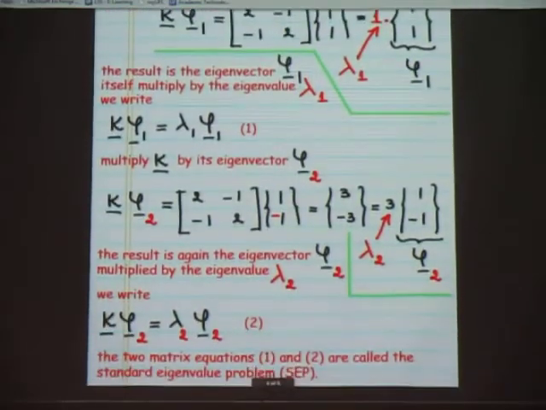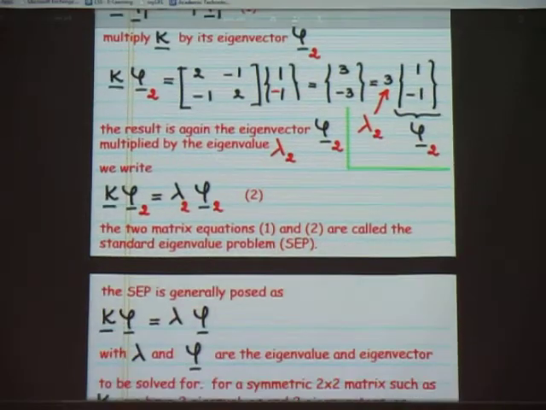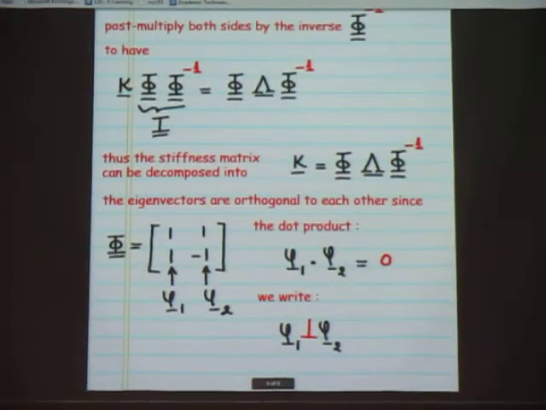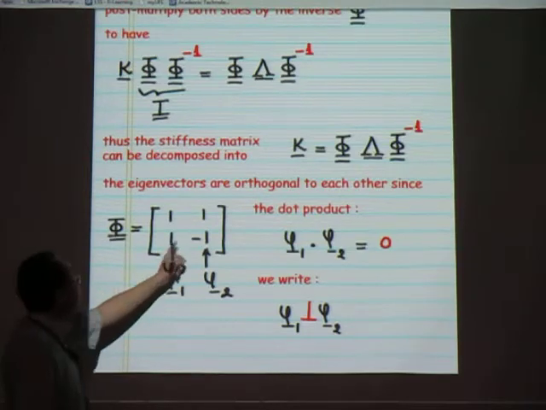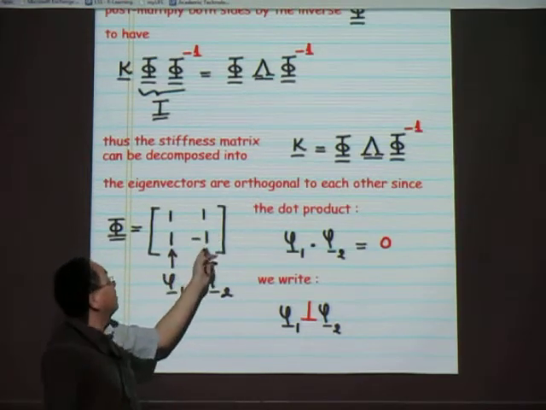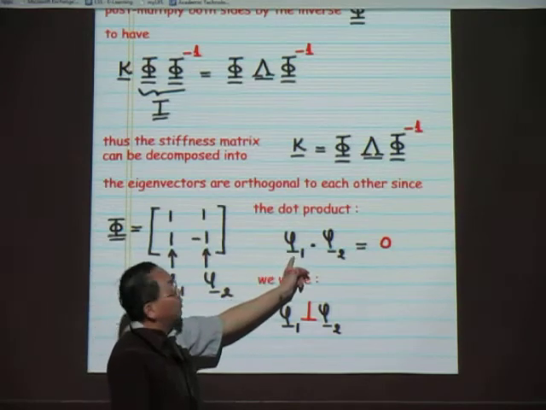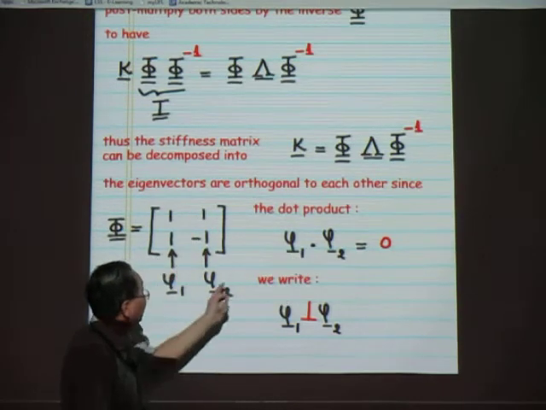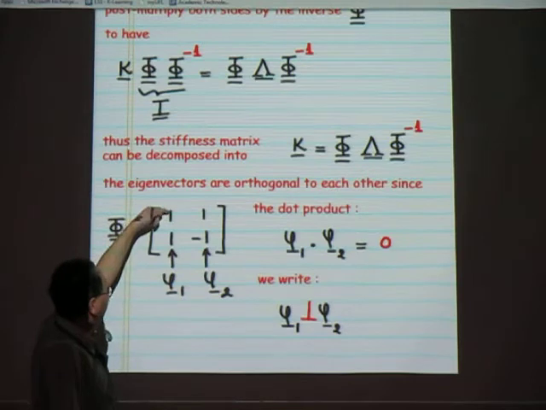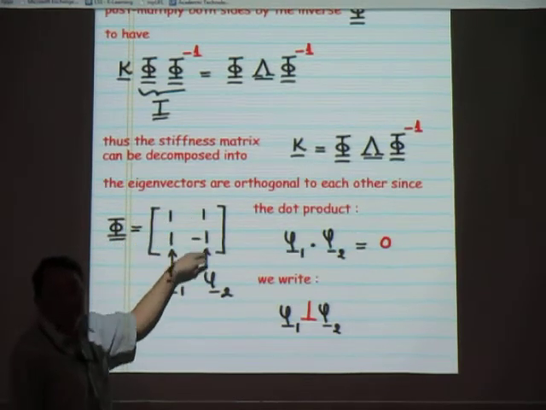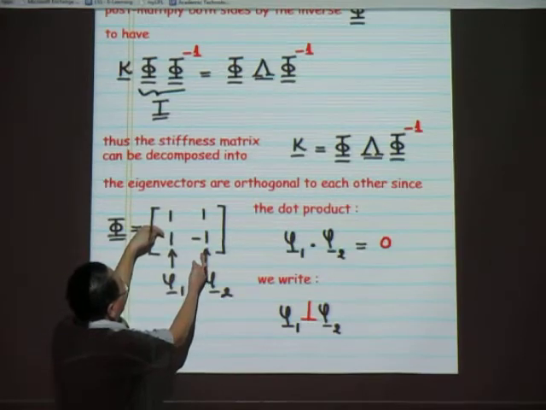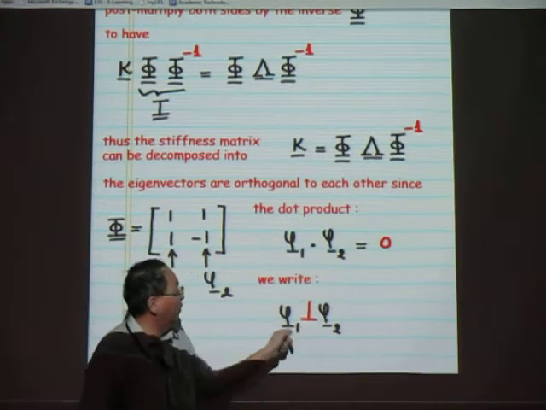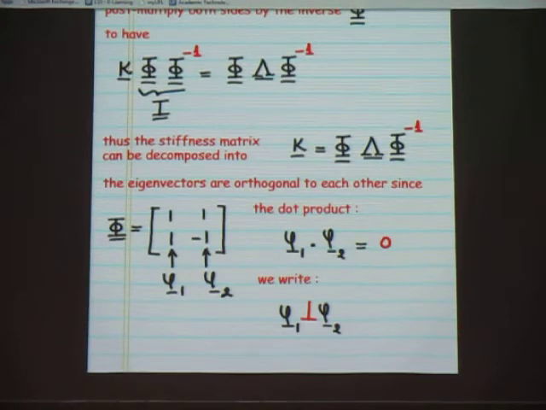And towards the end, once we found these two eigenvectors for the stiffness matrix, you notice that the two eigenvectors are orthogonal, right? Take the dot product of these two vectors: 1 times 1 plus 1 times minus 1, that's 0. These two vectors are orthogonal to each other.